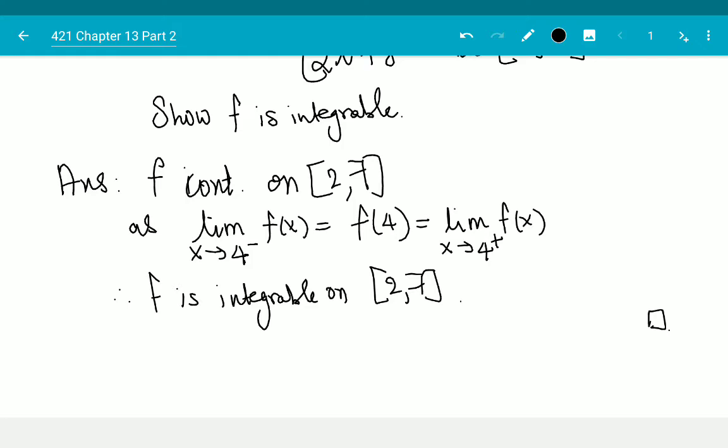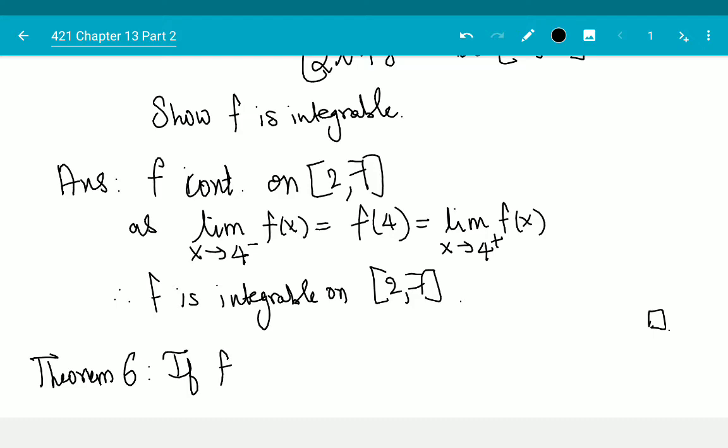Okay, so then let us look at some more theorems and finish the chapter. Theorem 6, whatever, I'll just call it theorem 6.